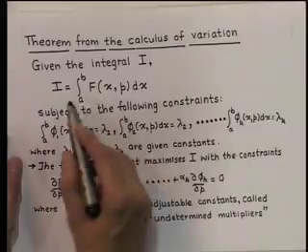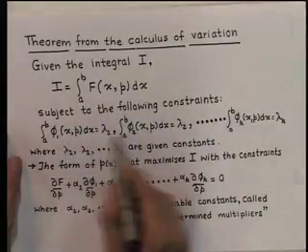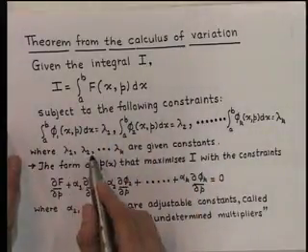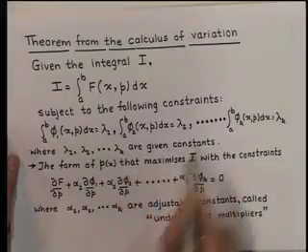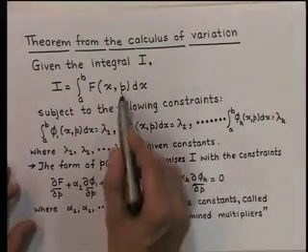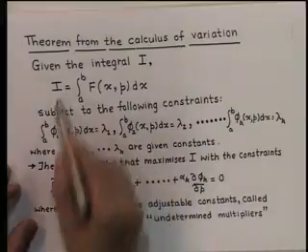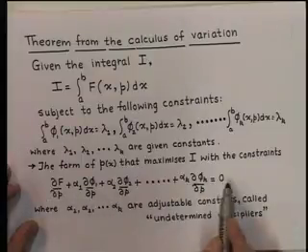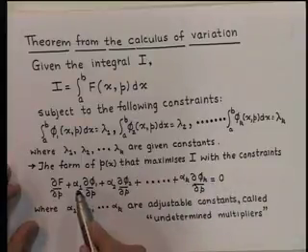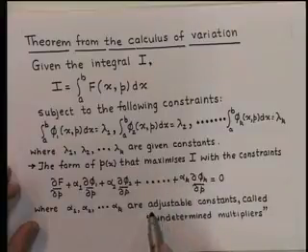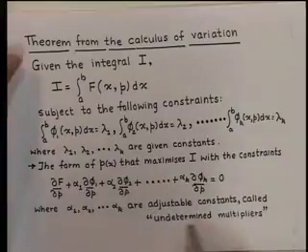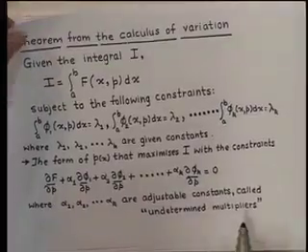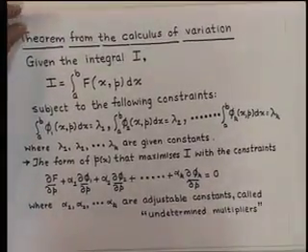Given the integral I of the form subject to the following constraints, where lambda 1, lambda 2 up to lambda k are given constants, the form of P that maximizes I with the constraints is given by this equation, where alpha 1, alpha 2 and alpha k are adjustable constants called undetermined multipliers. Using this relationship, we can get the following equation.